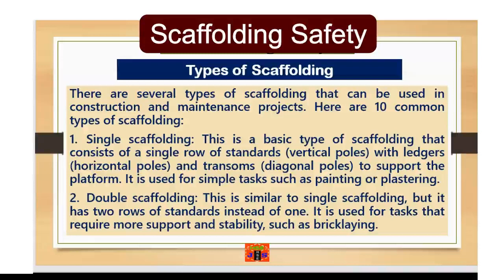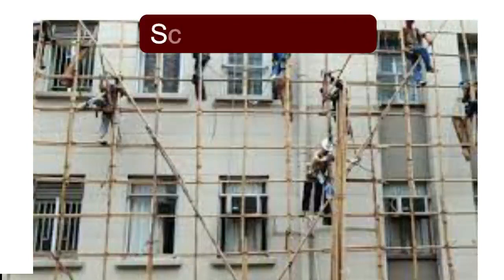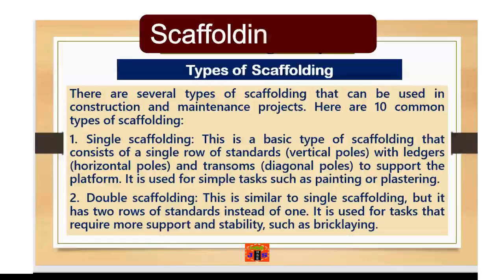This is a basic type of scaffolding that consists of a single row of standards, vertical poles, with ledgers, horizontal poles, and transoms, diagonal poles to support the platform. You must understand what is standard, what is ledger, and what is transoms. It is used for simple tasks such as painting or plastering.